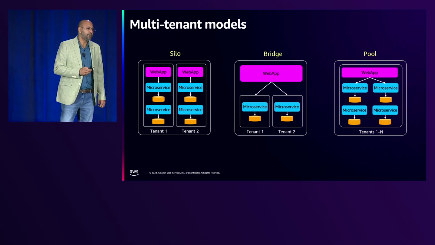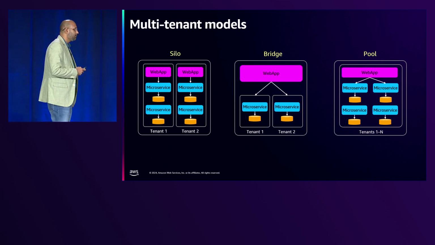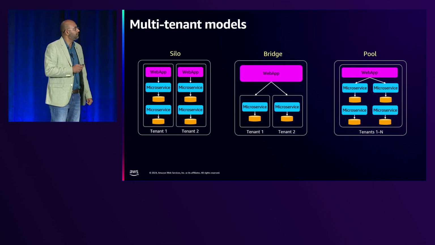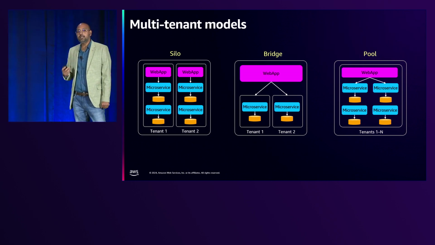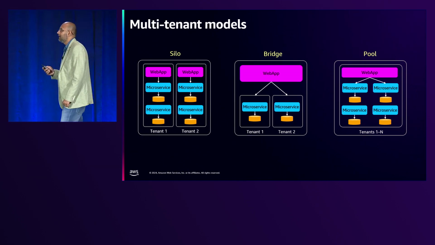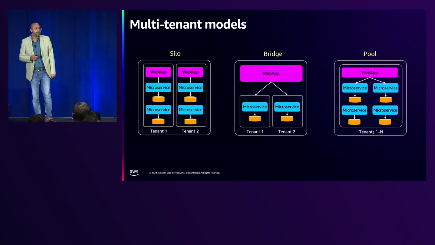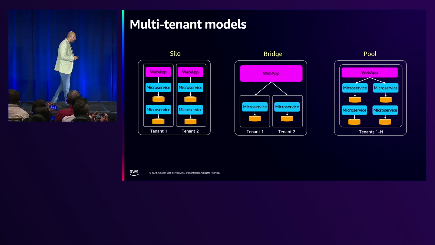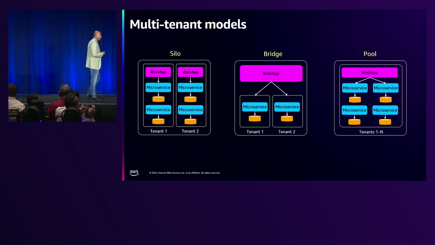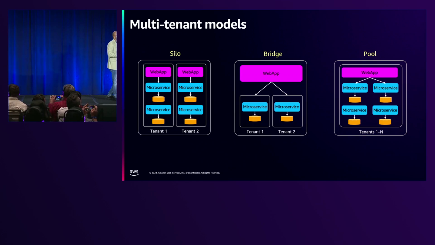But what we acknowledge and have observed is that there is no single size that fits all problems, and what we often observe is a combination of both of these models, the silo and the pool, where some of the architectural components we provision dedicated per tenant. At the same time, some of the architectural components get shared across tenants, and that is nothing but the bridge model.